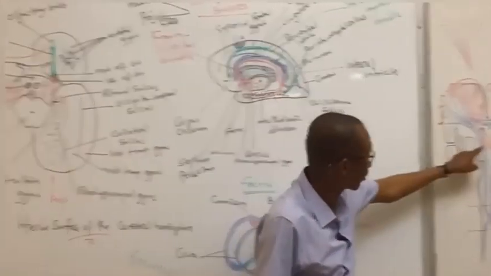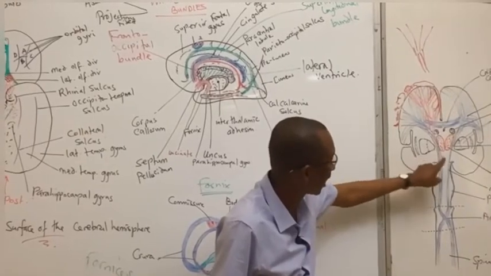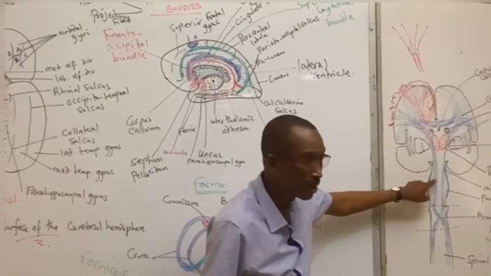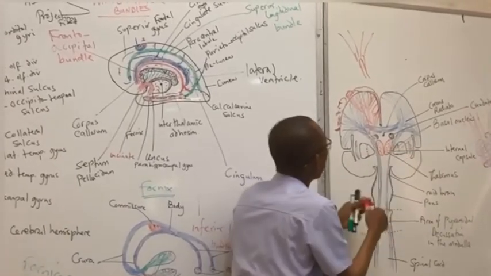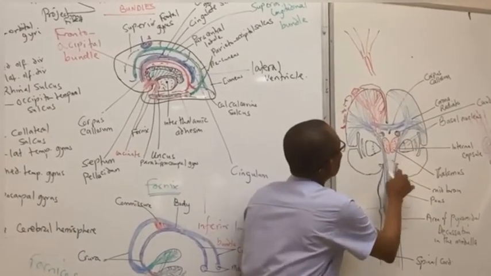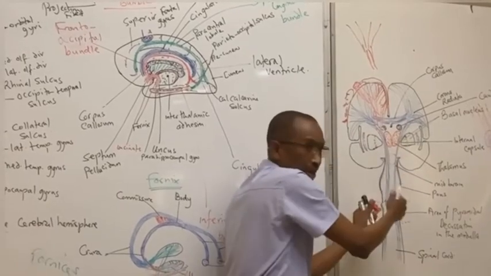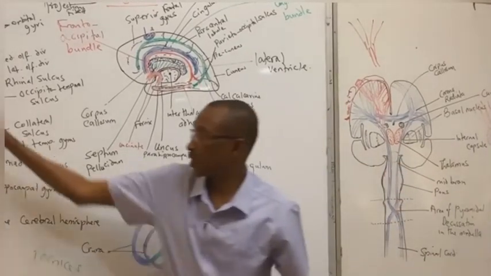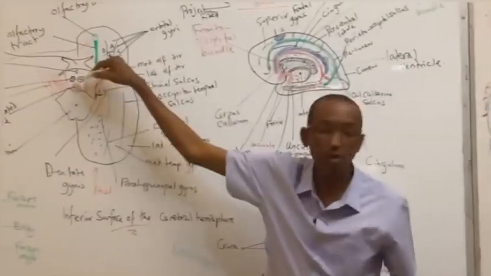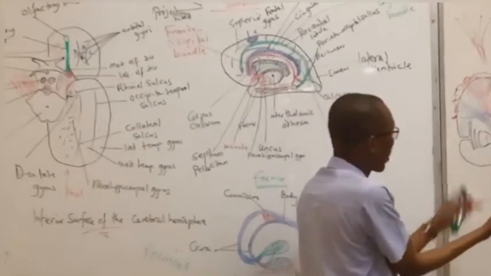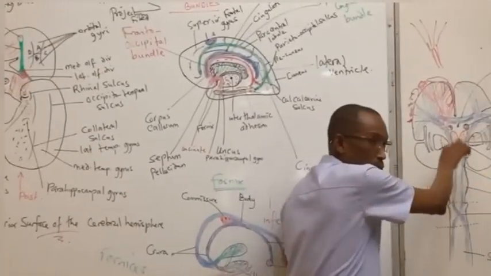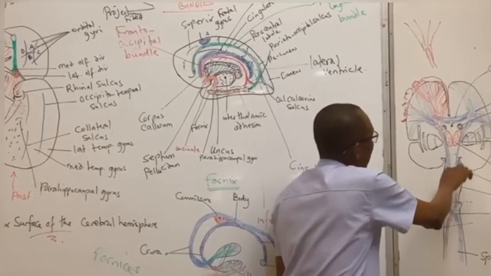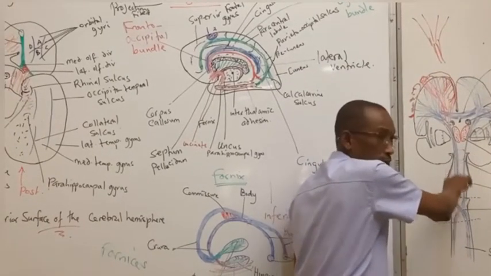As they come down at the inferior surface, they form this fossa in between themselves. So they continue down into the pons, and then descend into the medulla oblongata.